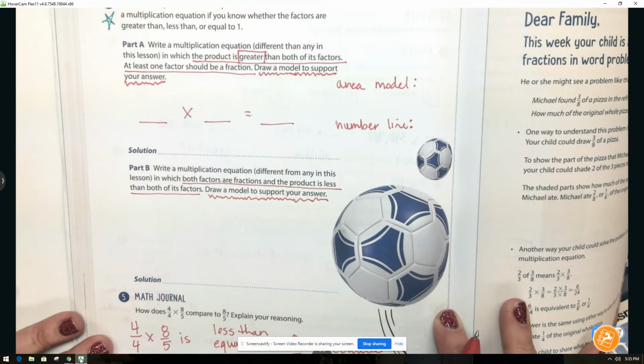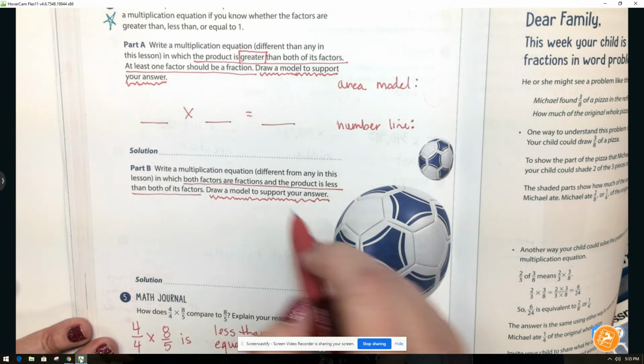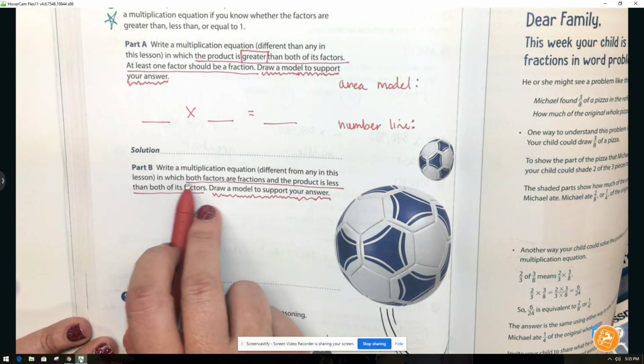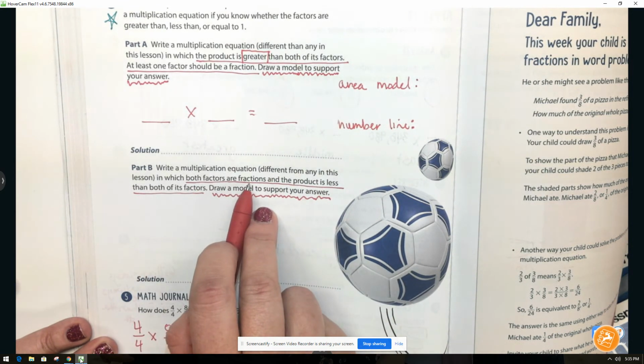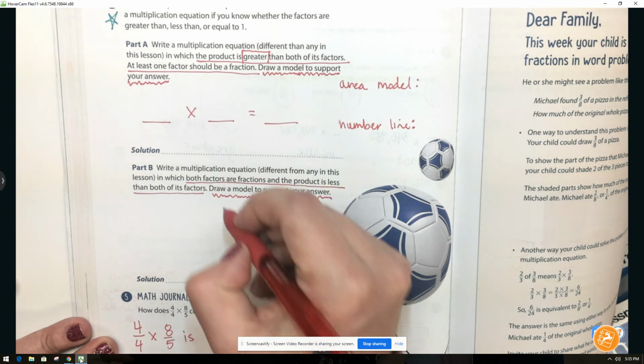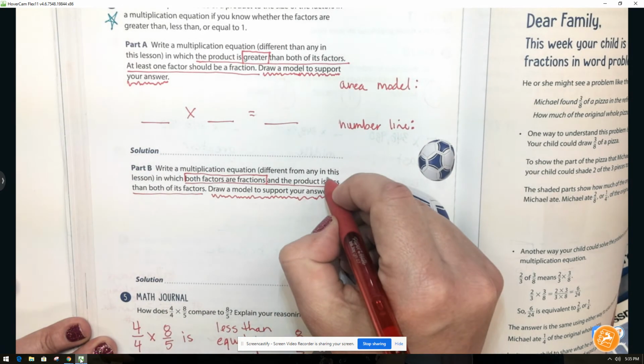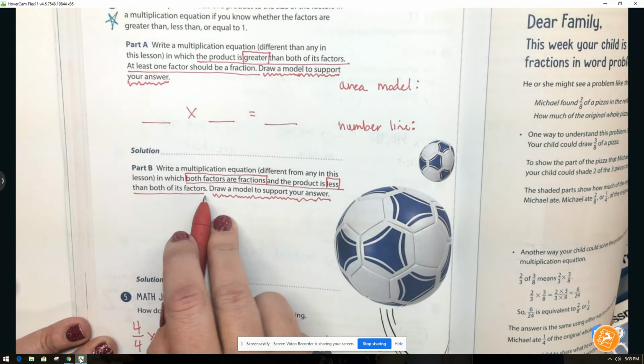Now for part B, we're going to do the opposite. We're going to write a multiplication equation different from any in this lesson in which both factors are fractions, and the product is less than both of its factors.